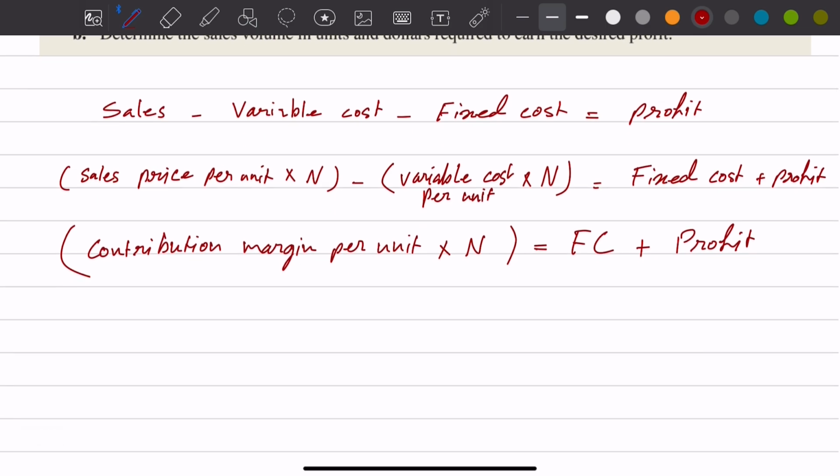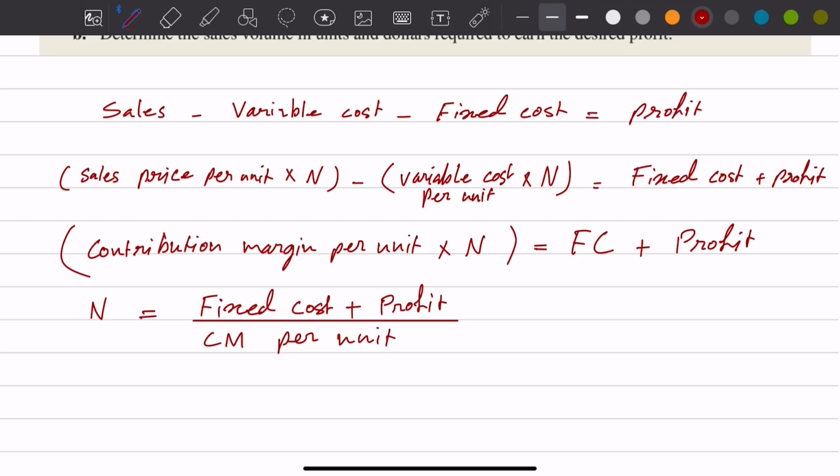If we also rearrange this, that will take us to the contribution method formula, which is N equals the fixed costs plus the target profit, or the desired profit, divided by the contribution margin per unit.